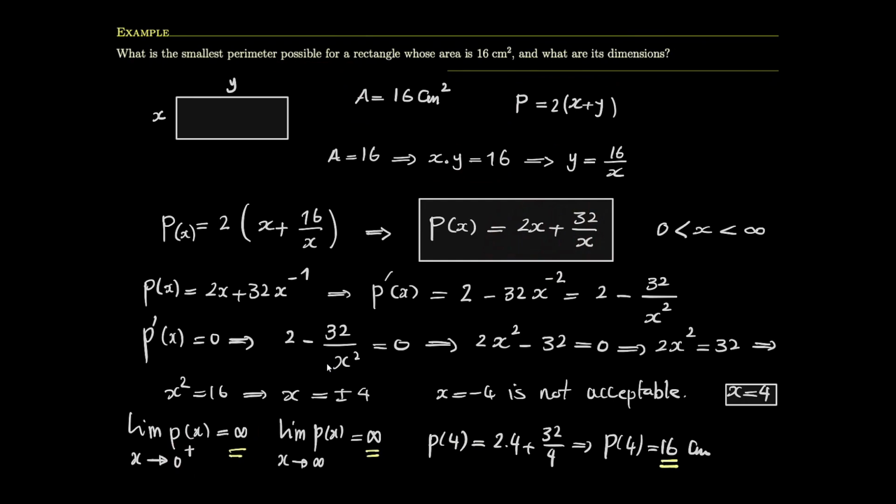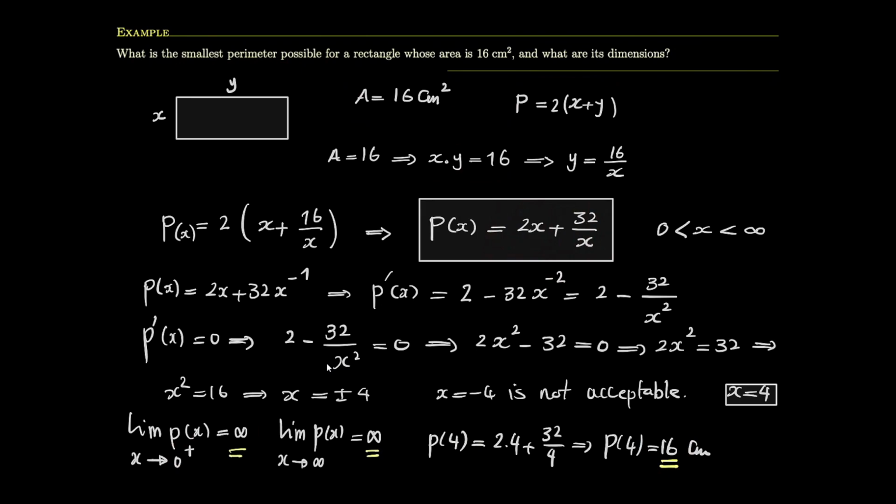And they are asking for the minimum, the smallest possible. And the smallest possible perimeter is 16 centimeters, yes? Because there are 3 things to compare. Plus infinity, again, and 16. So I want to find the lowest value, so the lowest value is 16.